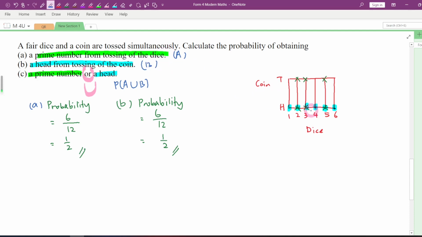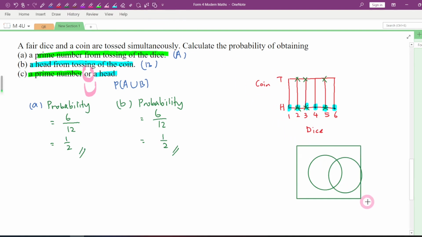So if I want to draw a Venn diagram to represent the situation here, the Venn diagram will be like this. This is a sample space, this is A and B. They have some overlapping area. So this is non-mutually exclusive event.